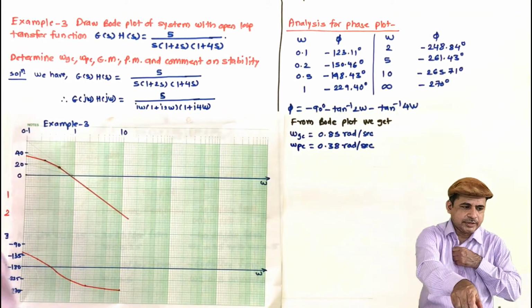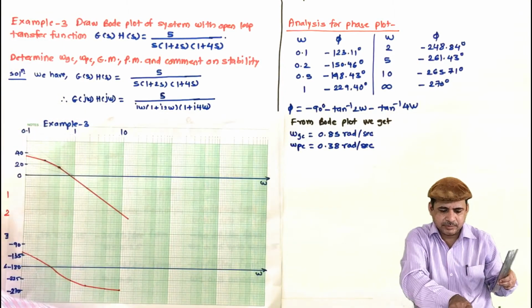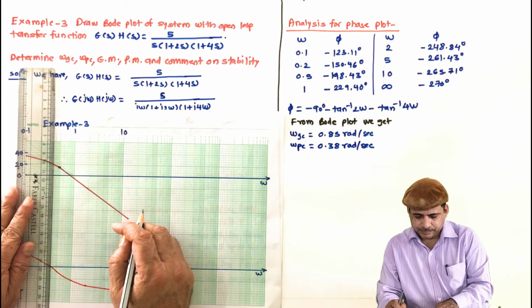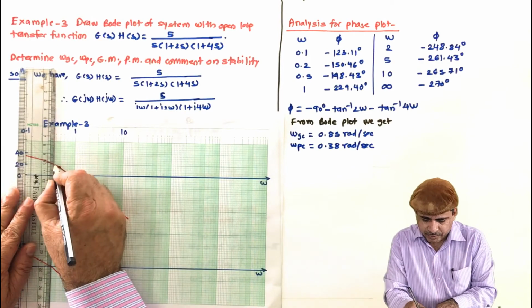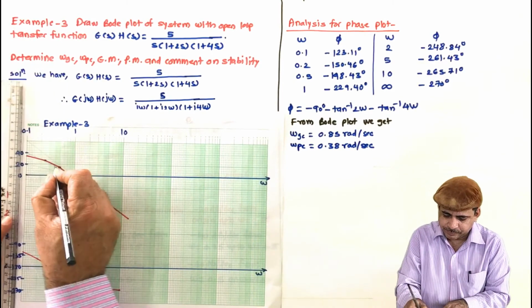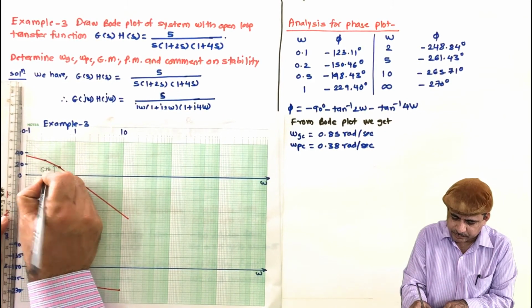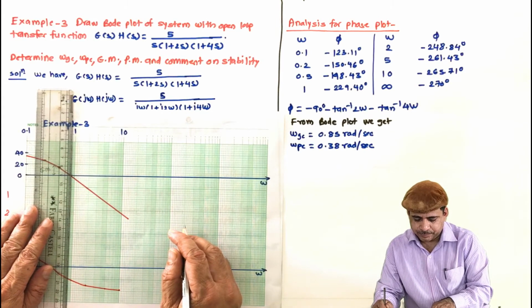And now let us find out its gain and phase margin. So this one is the gain margin, and here we will get the phase margin.